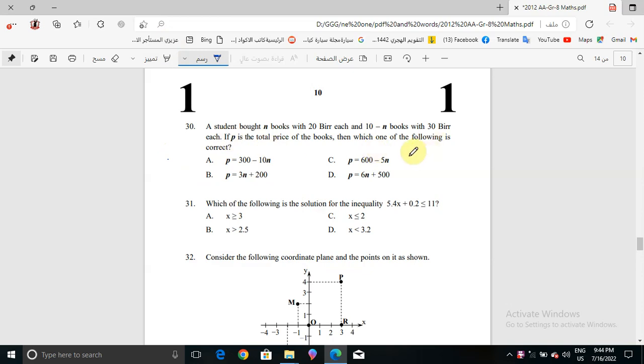Now what we will do here, P is equal to 20n plus 30 times 10 minus n.